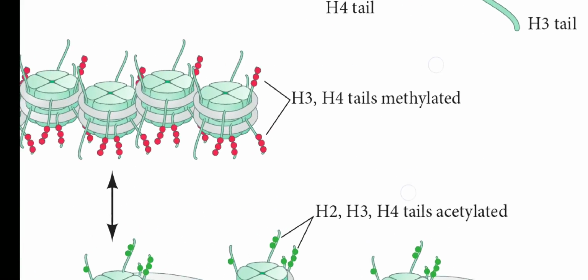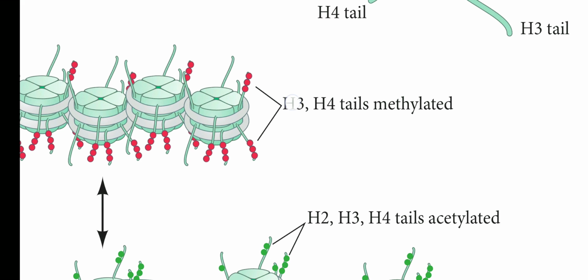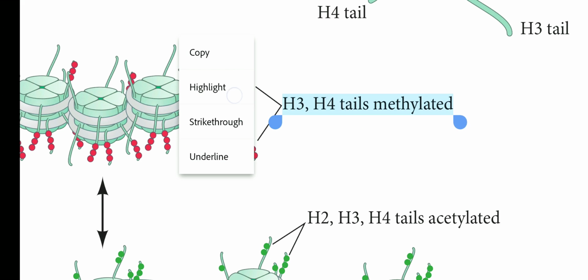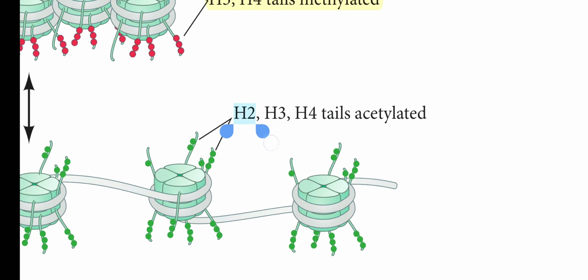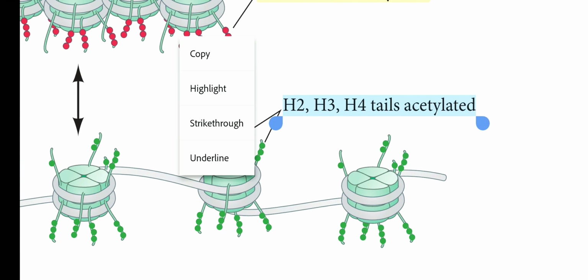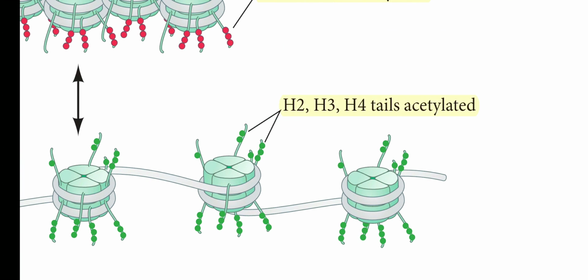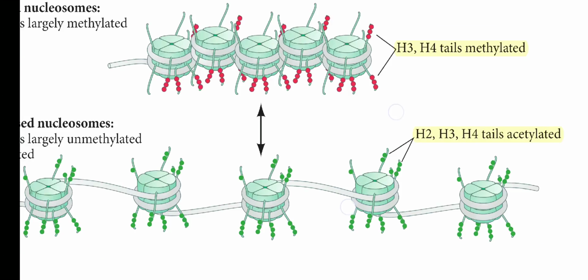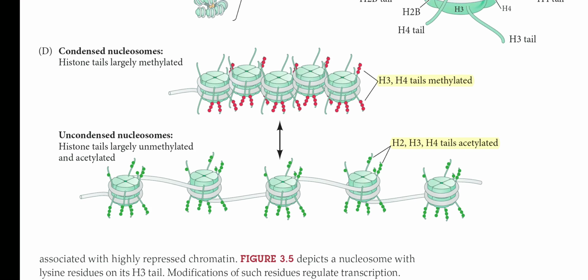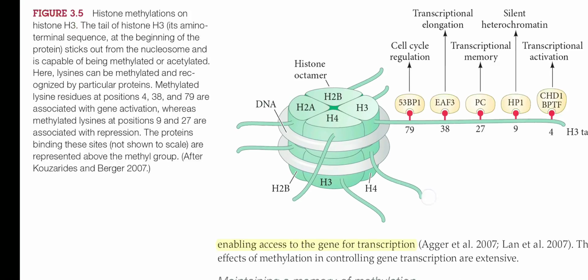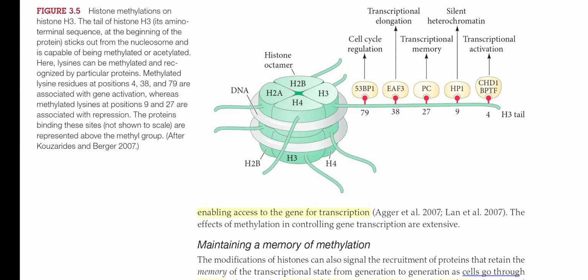Here the methylated tails are H3 and H4, and H1 is your linker histone, which is always present but not shown here. You can see different kinds of activation are regulated by different regions of methylation on the tail.